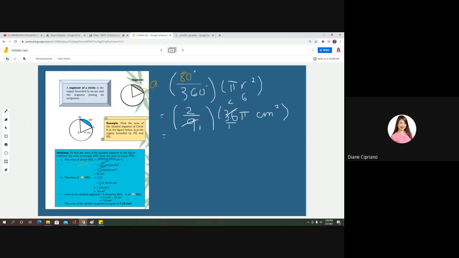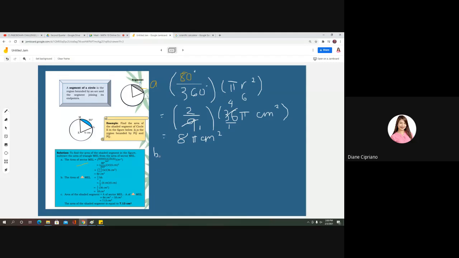And then after that, in getting the area of the triangle MEL, so for our letter B or our step 2, you will have the formula 1/2 of B and H, or the base and the height.